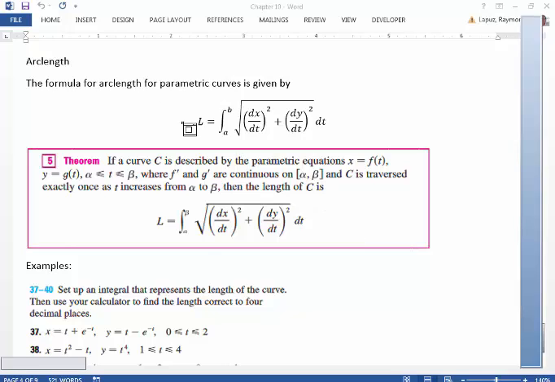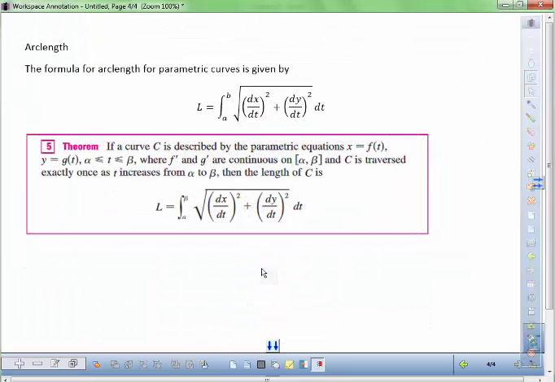So I think I just took a snapshot of what was in the book. And this is an easy enough formula to try to remember. But when we start learning more about vectors, we're going to look at this formula in a slightly different light. And when we're talking about vectors and vector-valued functions, you'll see that this idea of an arc length is going to come up again.